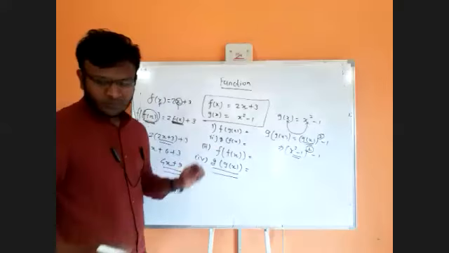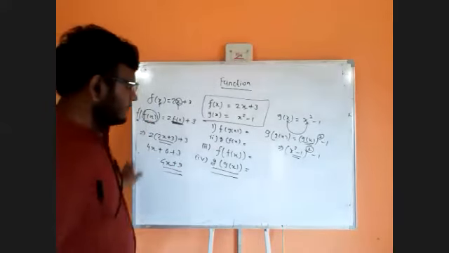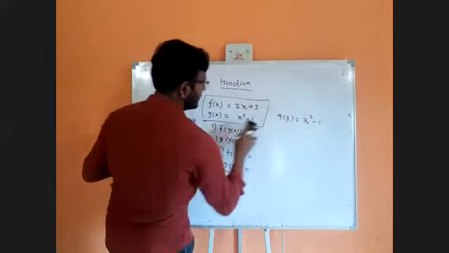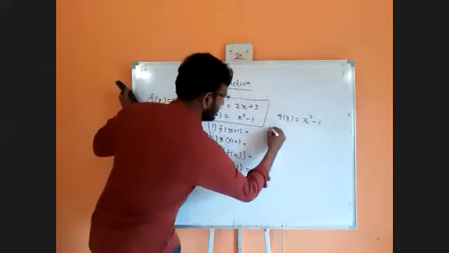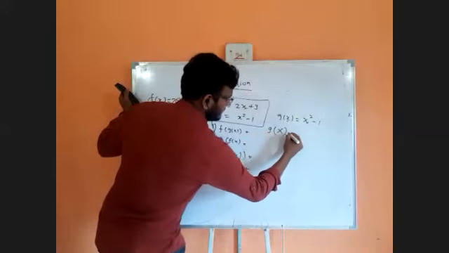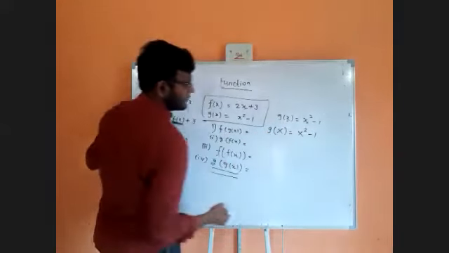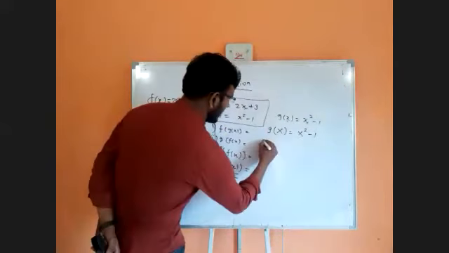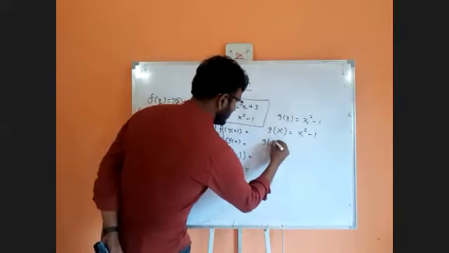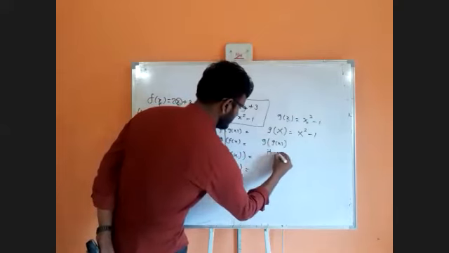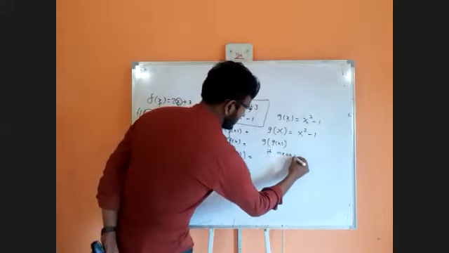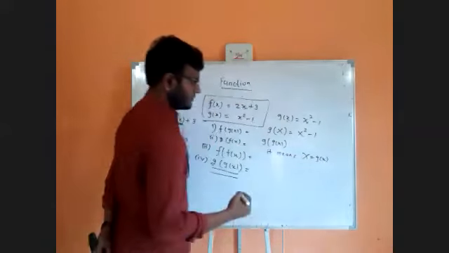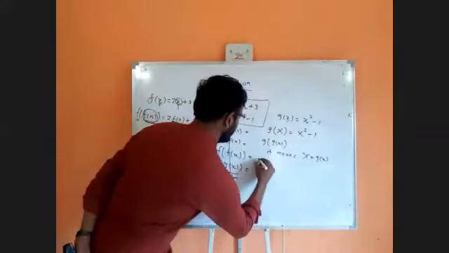Or I'll put it in very simple words. So instead of doing this, just for simplicity, replace this x by capital X. And we have to find g of g of x. It means capital X is g of x. So just replace it.